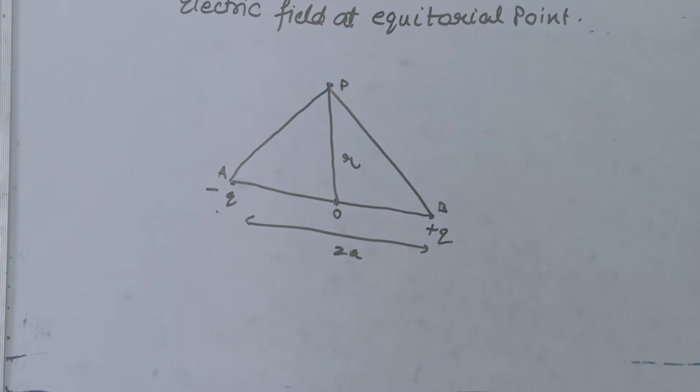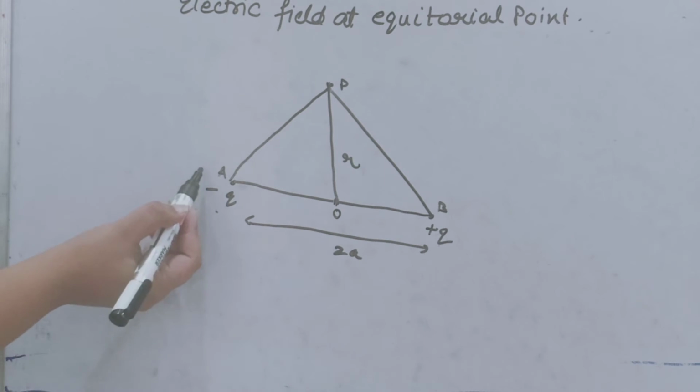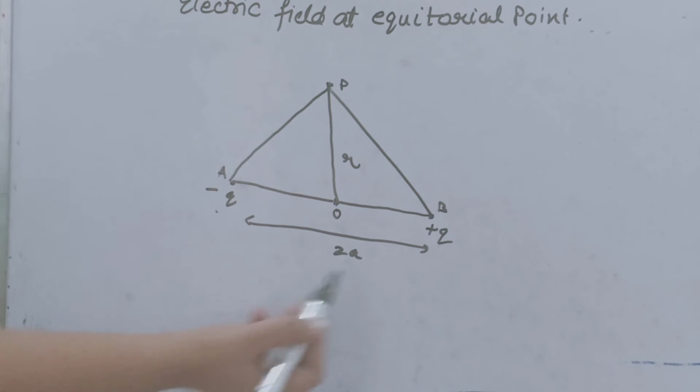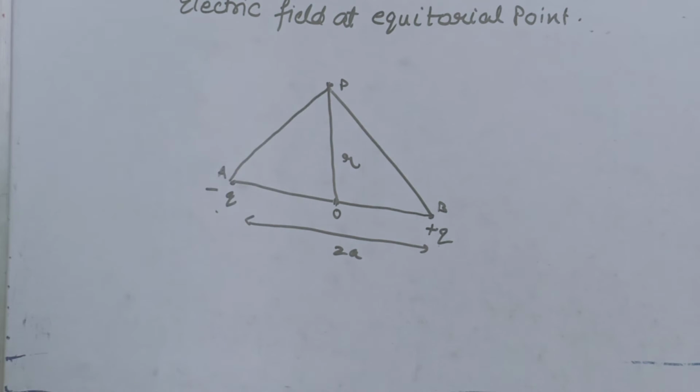Okay. Next we are going to study about electric field at equatorial point. For that, firstly we'll have to draw the diagram. So let us understand with the help of diagram first. So this is the dipole, that is minus q placed at A, plus q placed at B, separated by the distance 2a. Let O be the midpoint of this dipole and P is the point where we have to find the electric field.